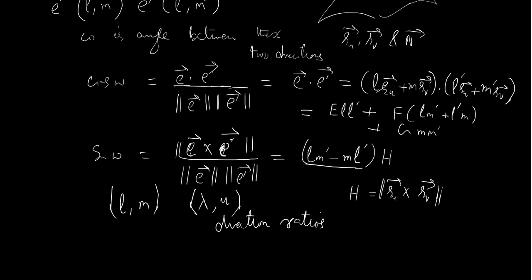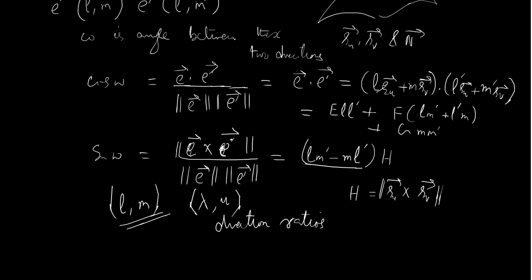Direction ratios are basically the components of any vector in the direction of the line, but direction coefficients is a specific thing, it's a vector of length 1 in that direction. Similarly, direction coefficients here are the vector of length 1 in a direction at a point on a surface, whereas lambda and mu is any vector in that direction on the surface.